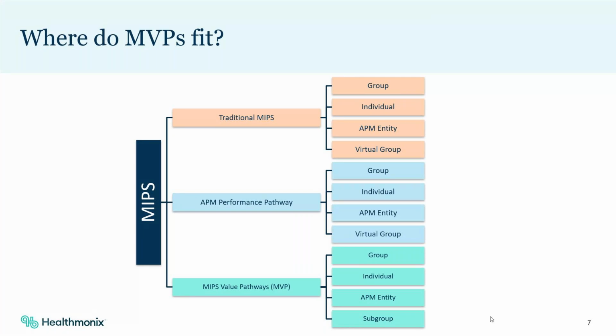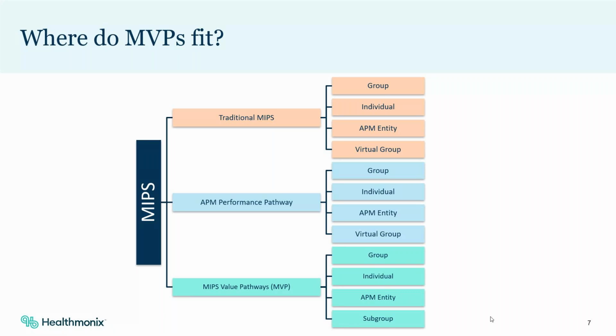Up top, for traditional MIPS, you could report as a group or an individual, which most people are very well aware of, as well as the APM entity, or a virtual group, which has a very limited number of people that utilize that. Through the APM performance pathway, you can report as a group or individual. ACOs have to report through this, and then you can also do the virtual group.